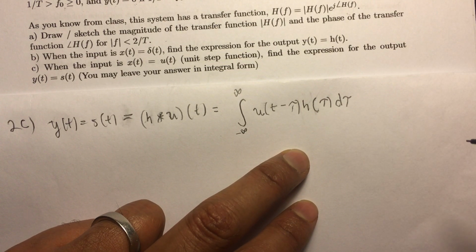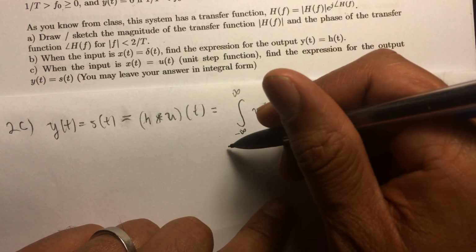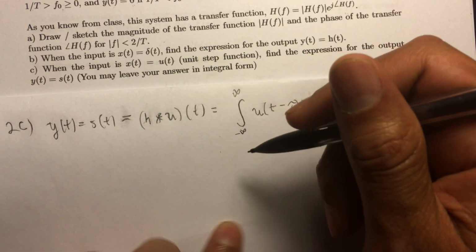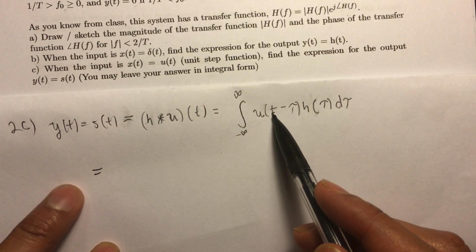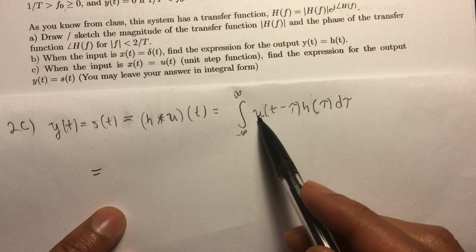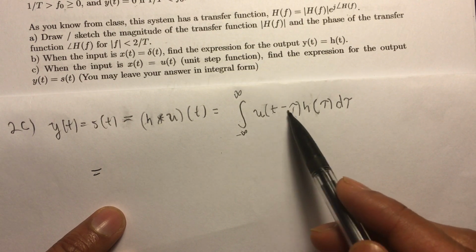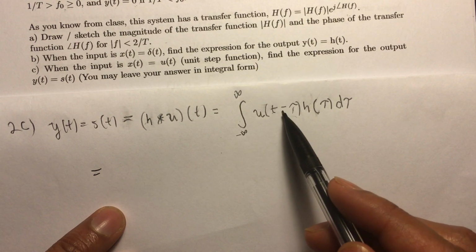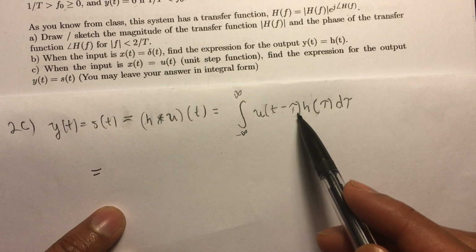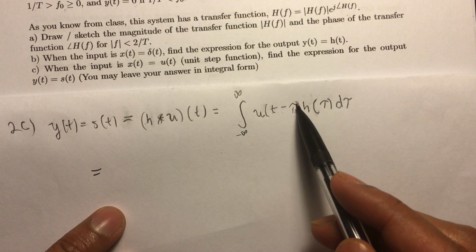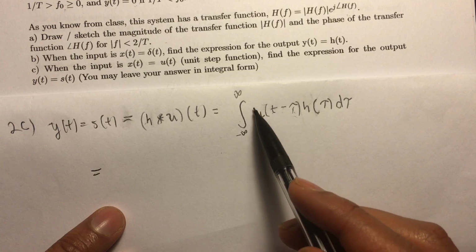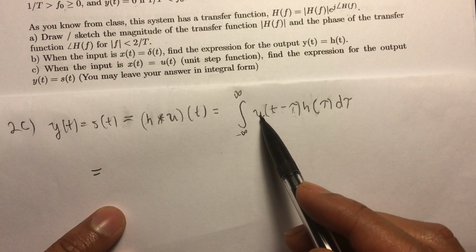And so we can simplify this by noting that for the argument of u greater than 0, it's equal to 1, right? So t greater than tau, this is equal to 1, or in other words, tau less than t, u is equal to 1, right? Otherwise, it's equal to 0.